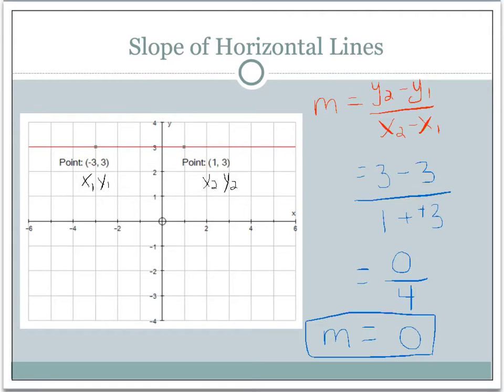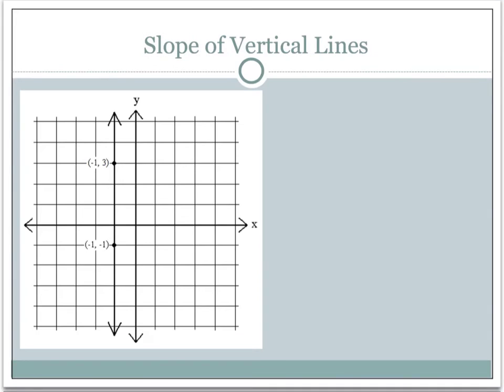Let's take a look at the vertical. Vertical lines go up and down, so we can see that we have this vertical line here. It intersects lots of different points. We could have chosen any of those points. We're going to take a look at the point -1, 3 and -1, -1. So we're again going to use the formula that says y2 minus y1 over x2 minus x1.